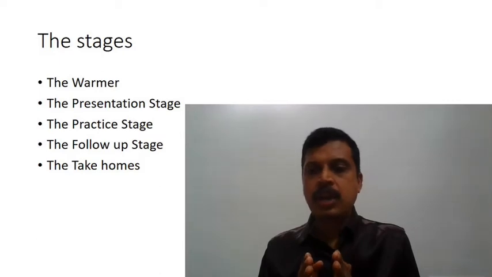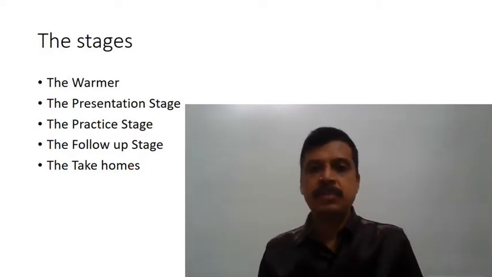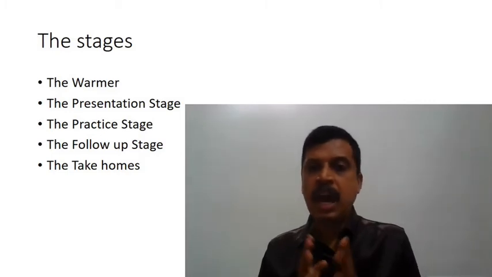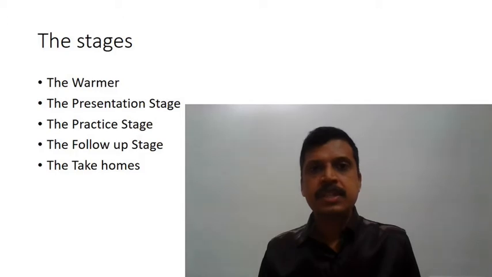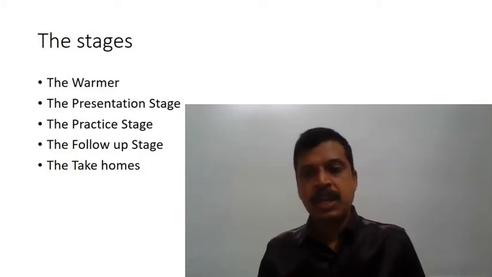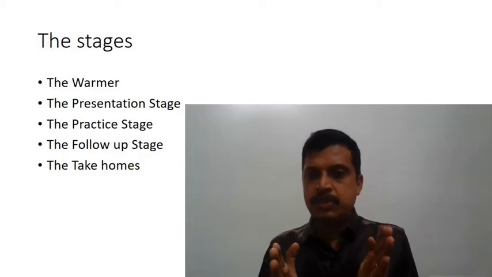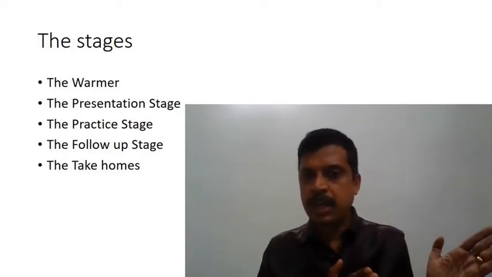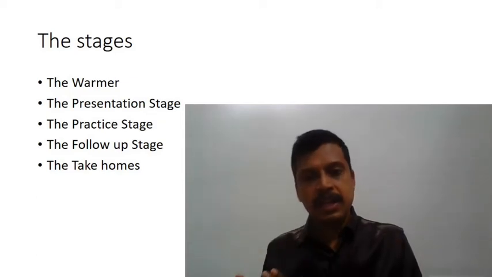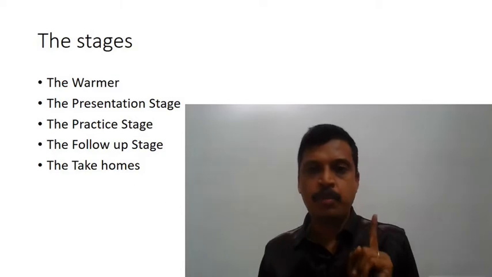Count nouns are objects that can be separated and counted individually. Uncountable nouns are objects that cannot be separated and counted individually. So all the nouns in that story will be divided into two, one under the count nouns head and the other under the non-count nouns head. So this is the warm-up.